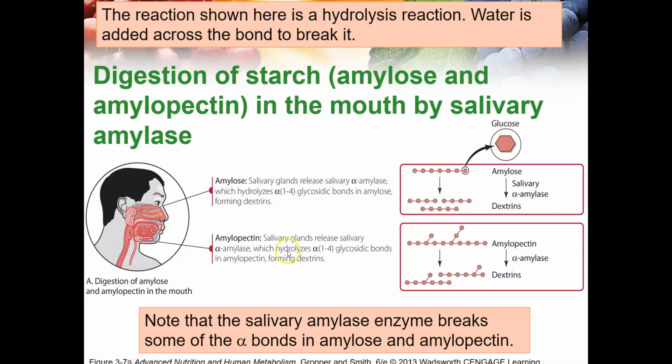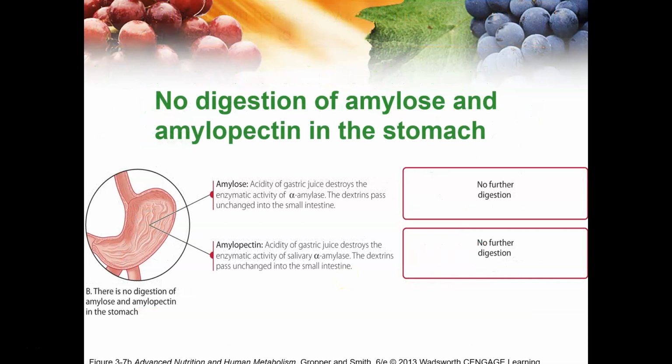So the food is not in the mouth for that long. So we have these long amylose and amylopectins in the starch that we eat, and you can see that they're broken down into smaller molecules. So we can call these smaller molecules dextrins, but they're still too big to be absorbed. When we swallow the food and we get it into the stomach, there is no further digestion.